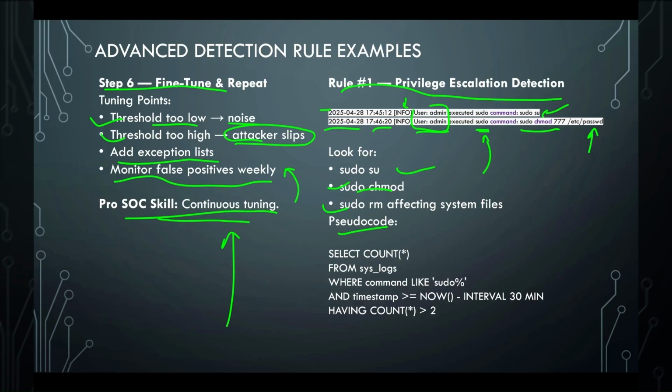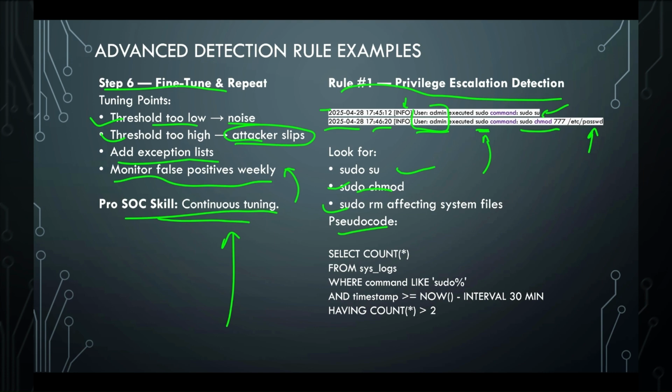So the rule triggers if a user executes a sudo command outside of regular working hours, for example, after 8 p.m. or on the weekends, and triggers if multiple sudo commands are executed in quick succession, especially involving system files like /etc/passwd or /etc/shadow.